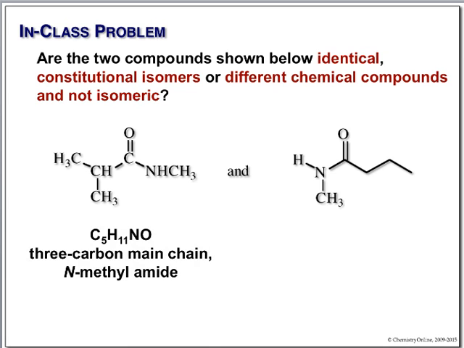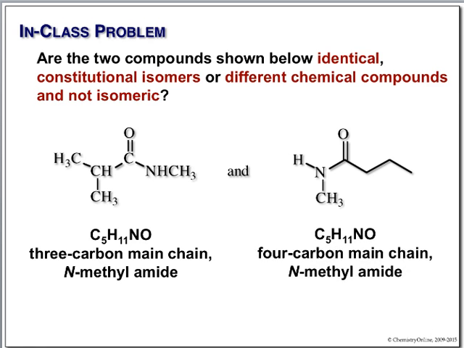This comes to C5H11NO. Over here we have 1, 2, 3, 4 carbons in our chain. We have an N-methyl group, and of course our carbonyl. It's also C5H11NO, but because we have a 3-carbon parent here and a 4-carbon parent here, these are constitutional isomers.